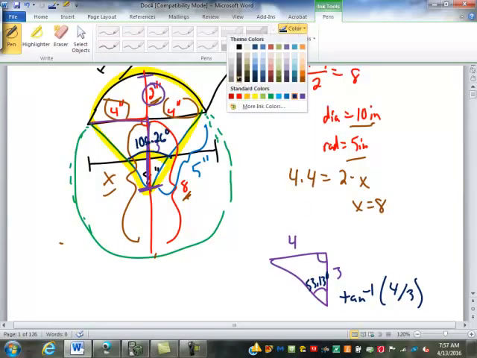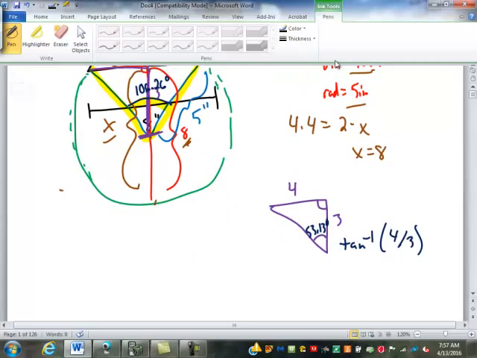So now to find the area of the sector, we're going to do 5 squared times pi, times 106.26 over 360.